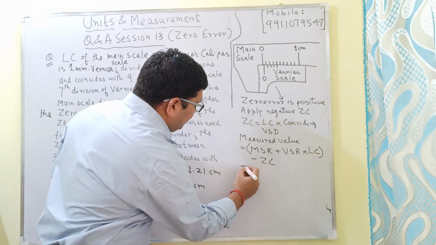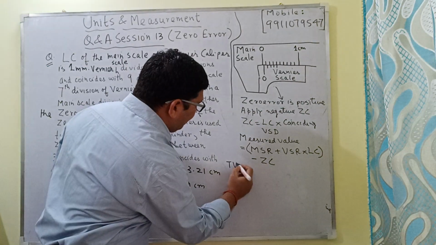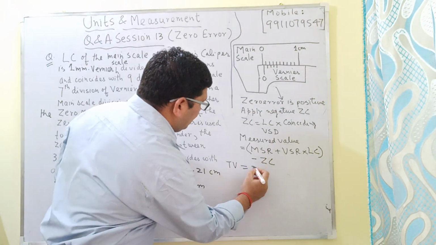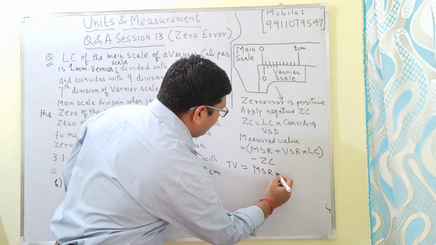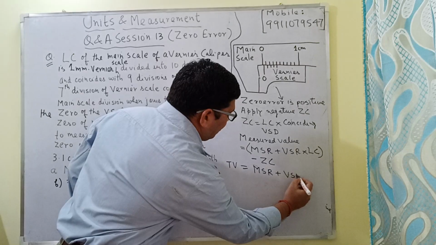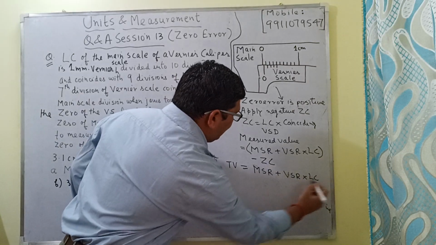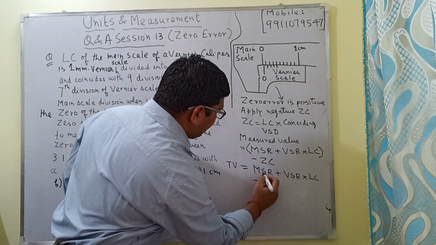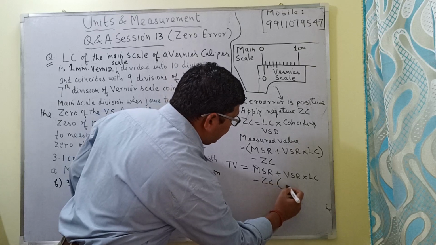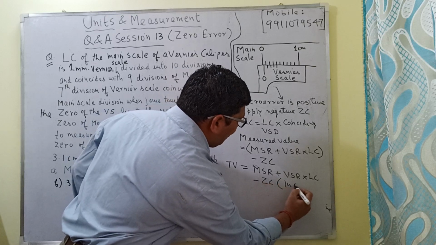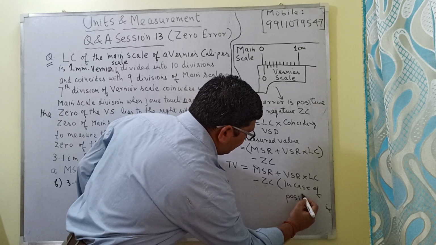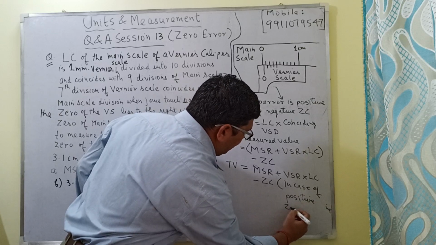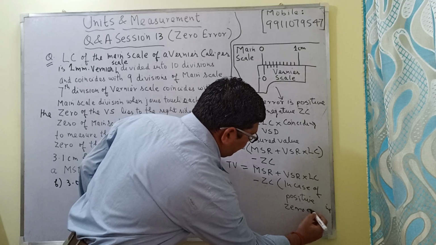So the true value will be equal to MSR plus vernier scale reading into least count minus zero correction in case of positive zero error.